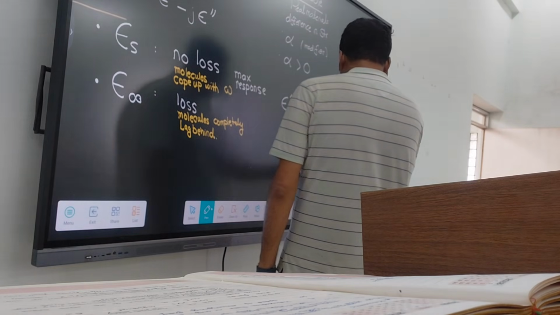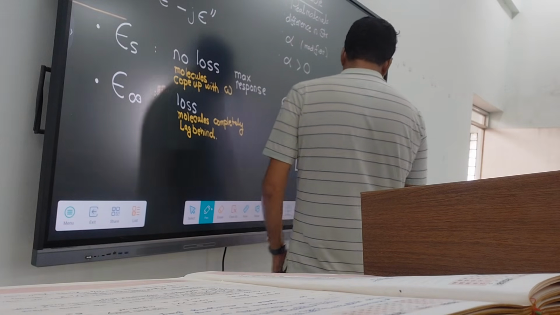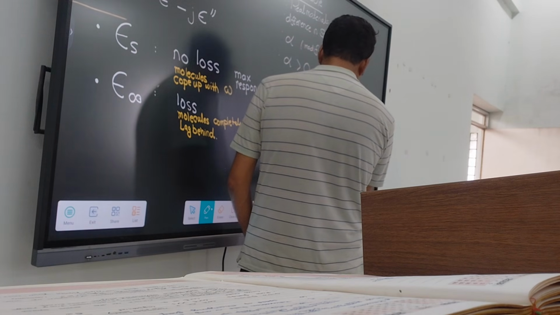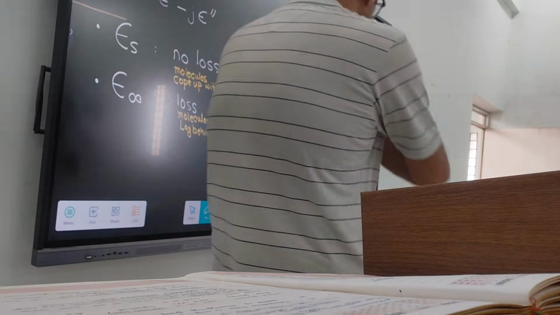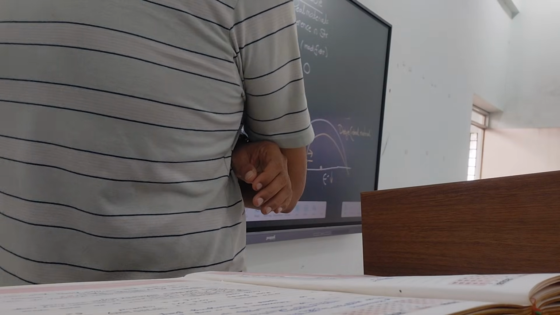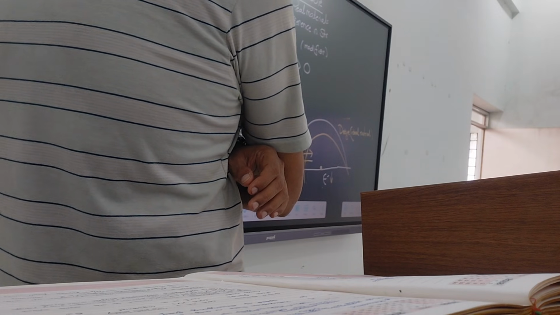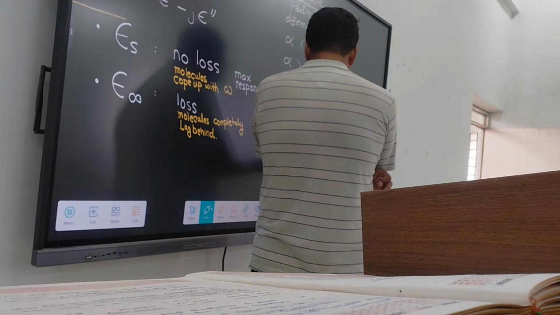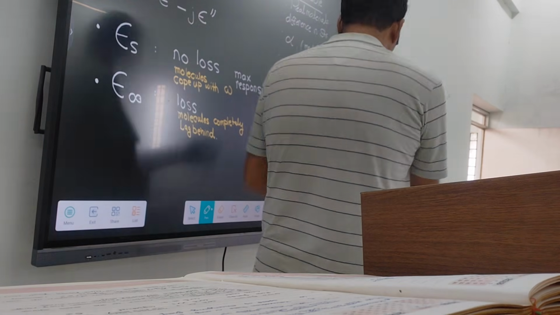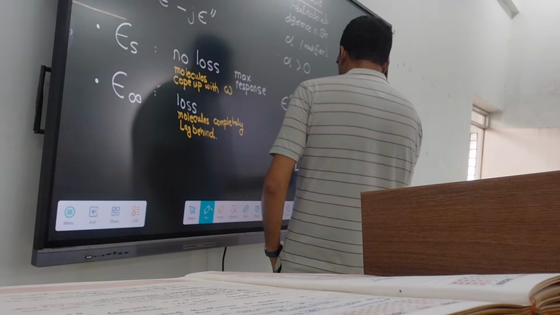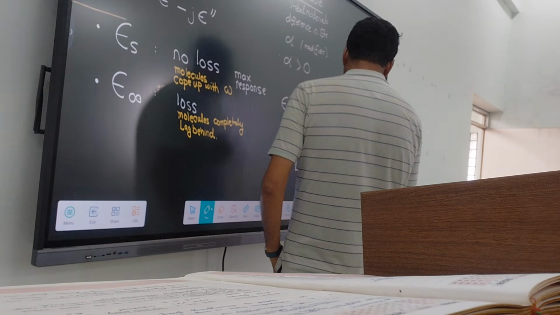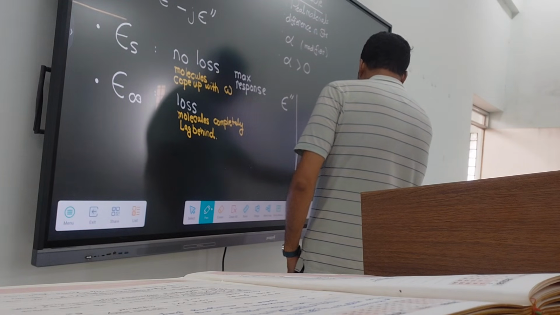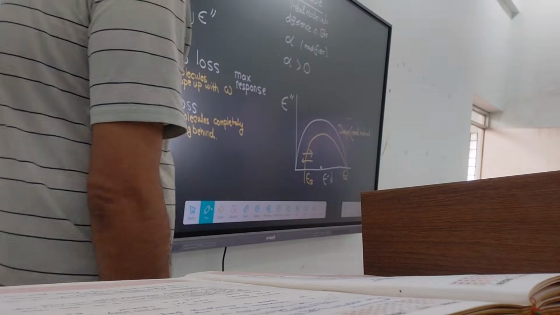So first of all there will be a downward movement, और दूसरे साइड there will also be a shift either in this way or in that based upon the combination. तो जिस पॉइंट पे आके it is cutting the first cut of the horizontal axis, this is your epsilon infinity, and when it is cutting this one, this is your epsilon s. ठीक है.